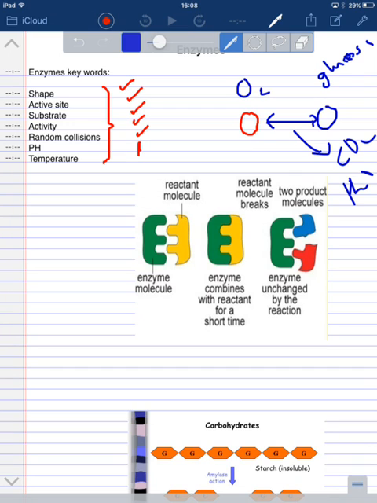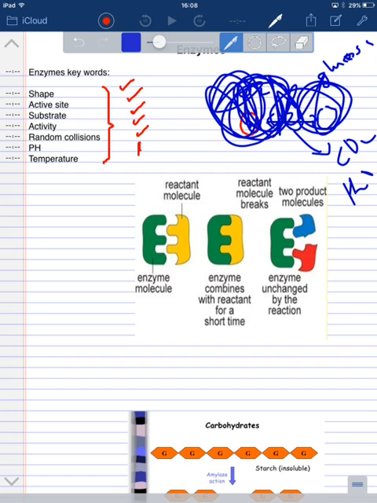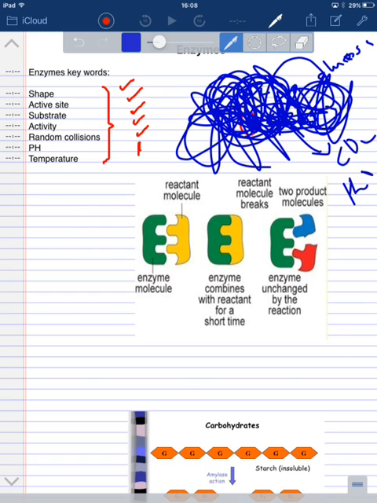No, they don't know. Basically, what's happening is there's not just one or two of these molecules. There are millions and millions of them in a cell, and they're all zooming around. There's millions and millions of glucose, millions and millions of oxygen, and they're zooming around.